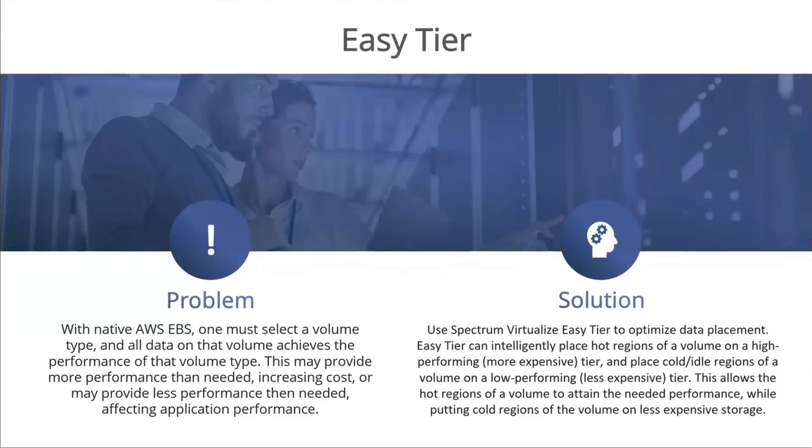So many times you're left with buying more capacity than you need in order to get the performance that you need. So what's the solution? Well, let's use Spectrum Virtualize Easy Tier functionality, which I'm sure many of you folks use in your on-prem solutions to optimize the data placement and potentially save costs. And we'll talk about what kind of savings you can achieve from an Amazon storage, quote unquote, footprint.